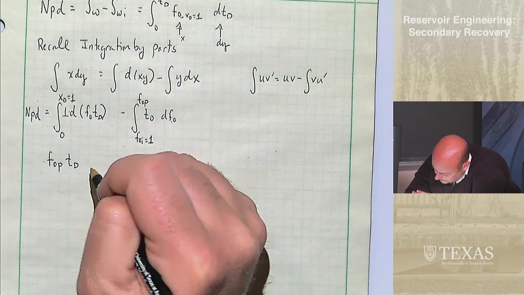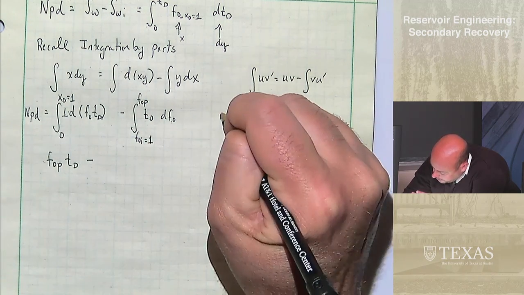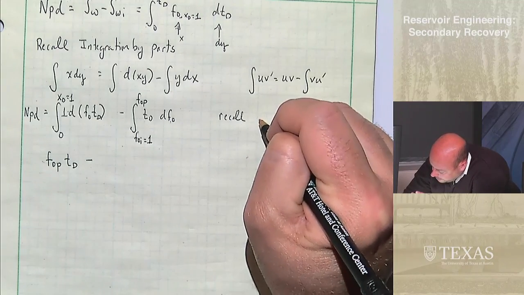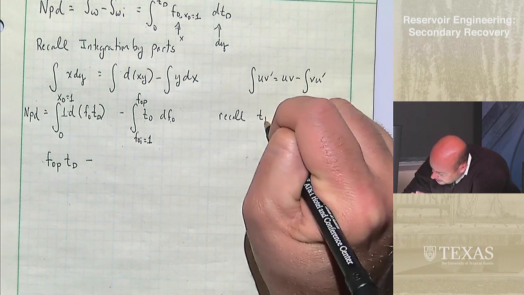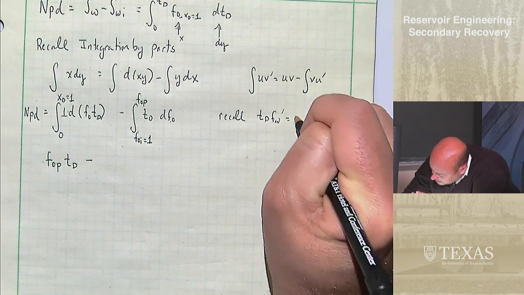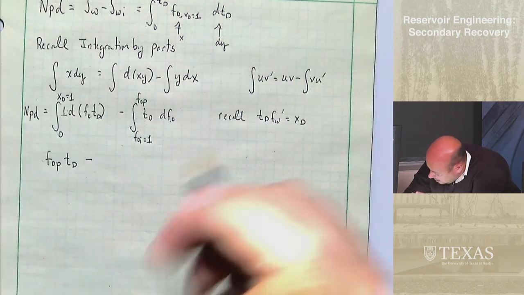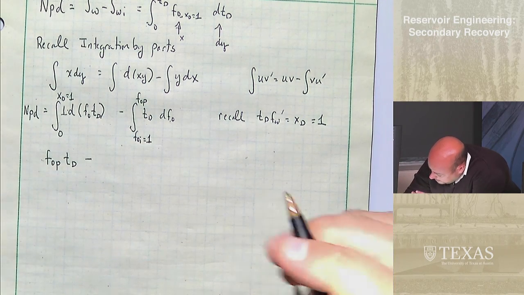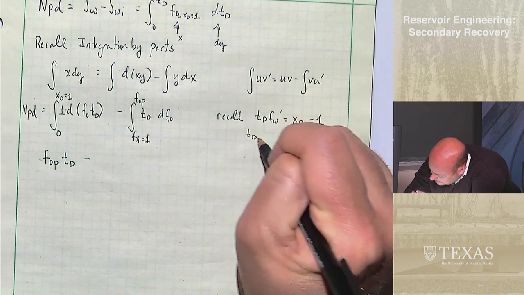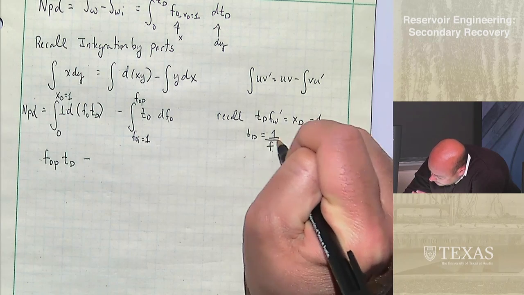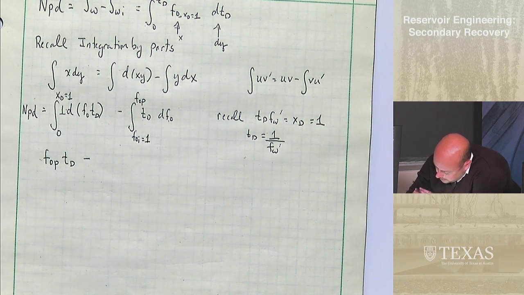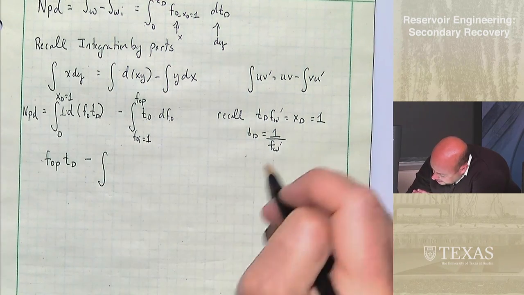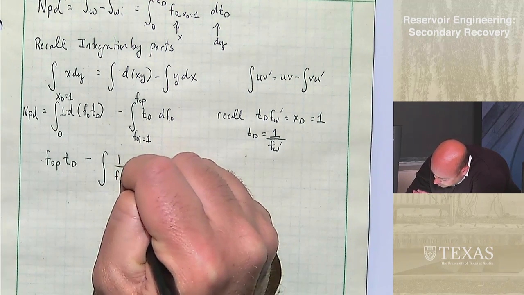I am going to remember, so I'll put right over here, recall that at the producer, TD FW prime is equal to XD. And at the producer well, XD is equal to 1. So that means that TD is equal to 1 over FW prime. So if that's the case, I can do this integral as, instead of writing TD, I'll put 1 over FW prime.